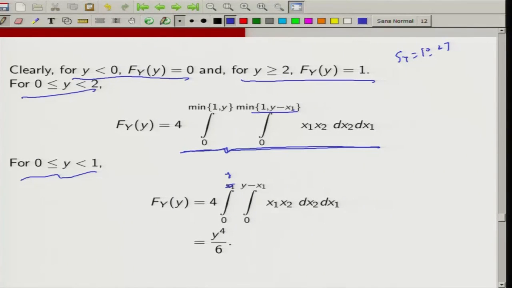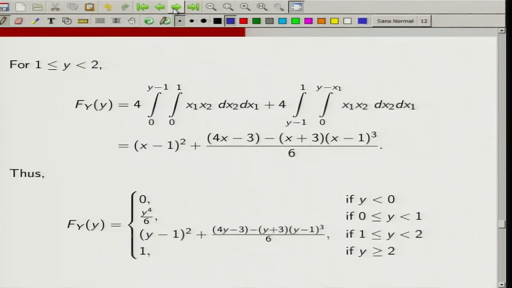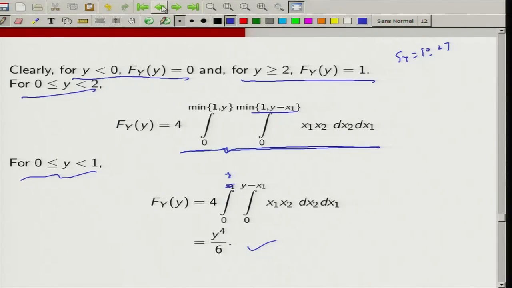So, it will be this range, and you get y to the power 4 by 6. For y between 1 and 2, it would be 4 times the integral from 0 to y minus 1, and in this case you can easily see that the minimum of 1 and y minus x1 would be nothing but 1.